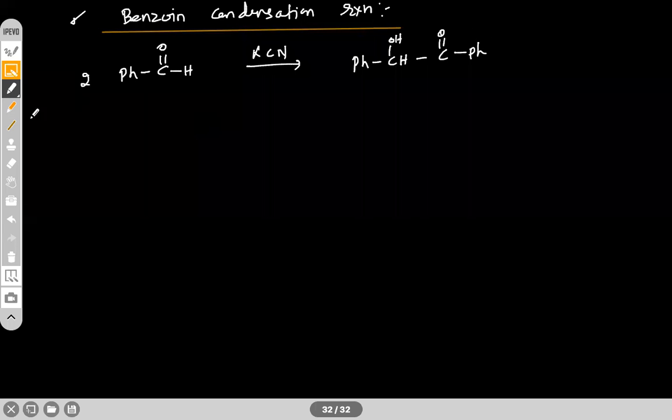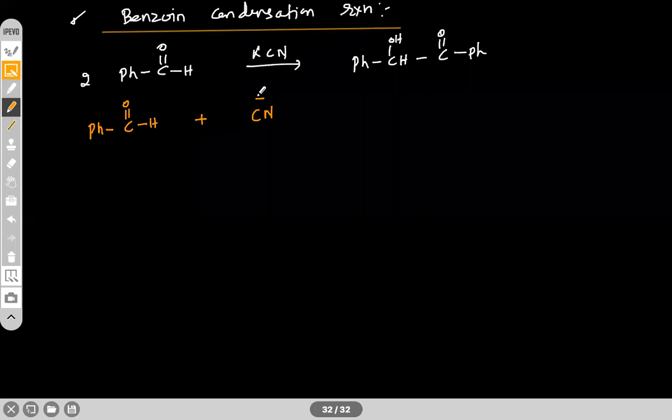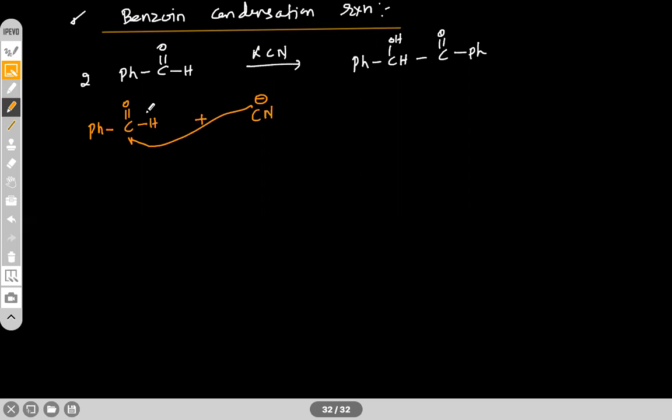Okay, how the reaction proceeds, the mechanism: PhC=OH, the nucleophile is clear, that is CN minus. This attacks the carbonyl carbon, the pi electron moves up, converting into Ph CH(CN) O minus.